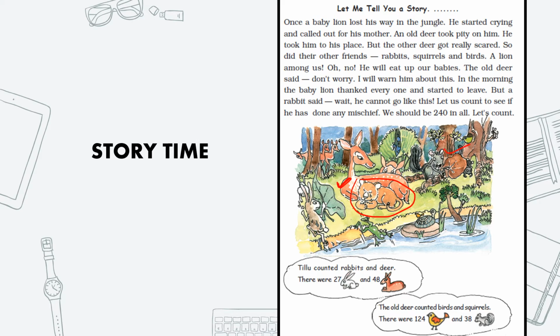So all the other animals were very scared that, oh my god, that's a lion, right? That's a baby lion, so he could eat any of them. Mama deer was like, no, no. He's just a baby. He's here till he finds out where his mother is.